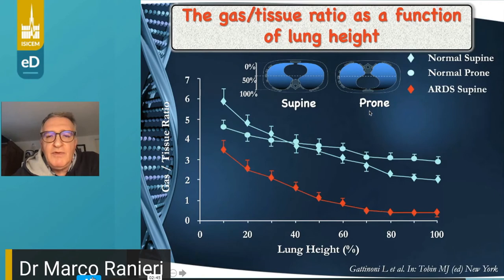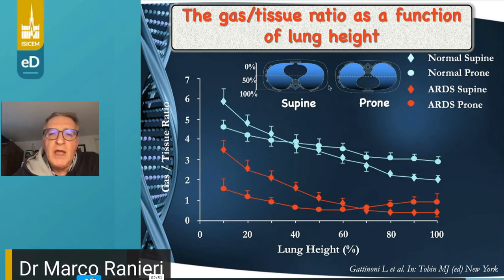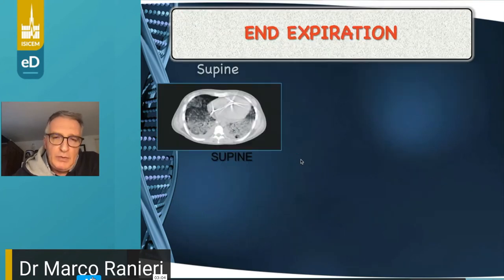The same behavior is overexpressed in patients with ARDS, and therefore the potential efficacy of prone positioning in normalizing the distribution of lung edema, in re-establishing a homogeneous gas-to-tissue ratio, is more enhanced than in normal subjects.